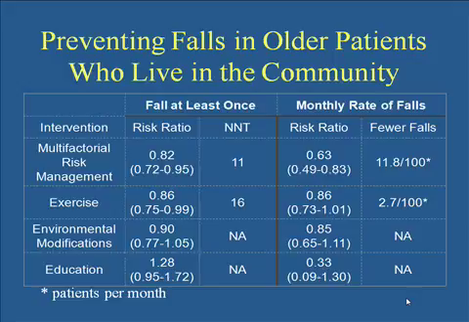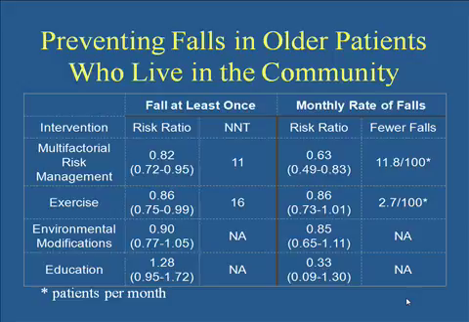But on the other hand, as isolated interventions, exercise, and this multifactorial risk management that includes environmental modification and education have both been proven both to reduce the rate of falling at least once and to reduce the monthly rate of falls.